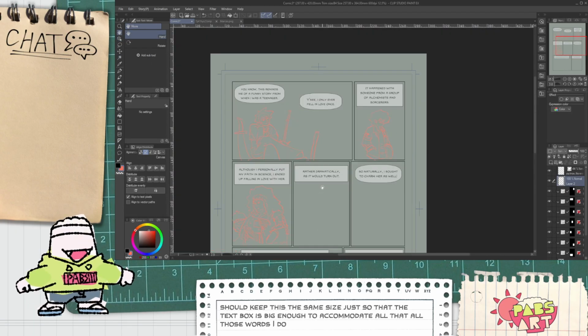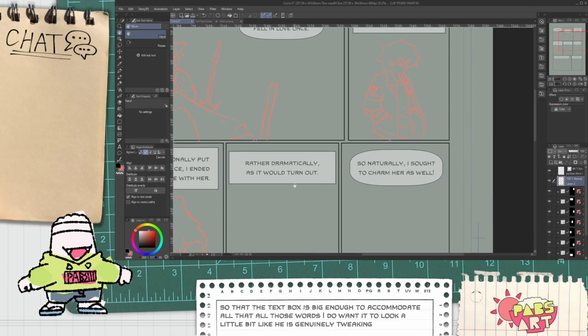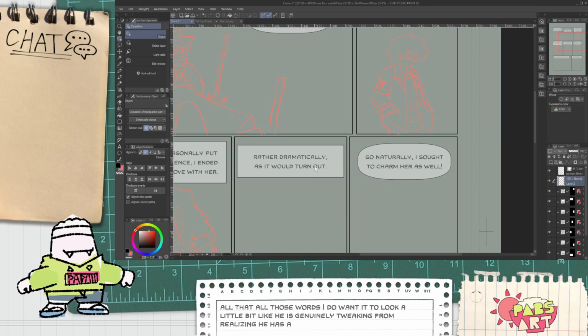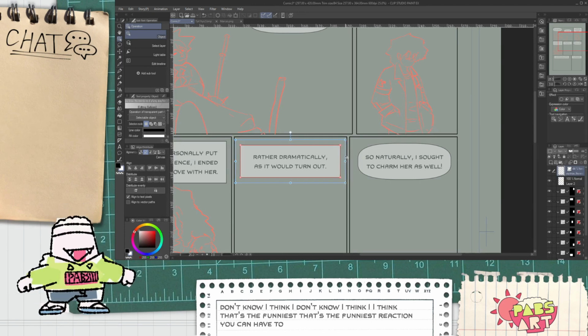I do want it to look a little bit like he is genuinely tweaking from realizing he has a crush. I don't know. I think that's the funniest reaction you can have to realizing you're in love.